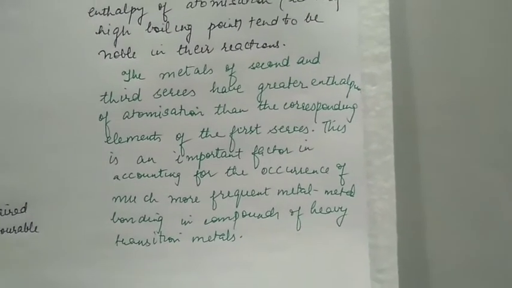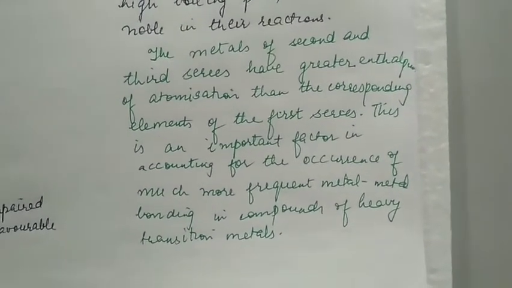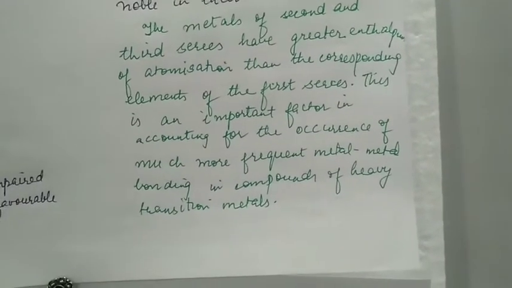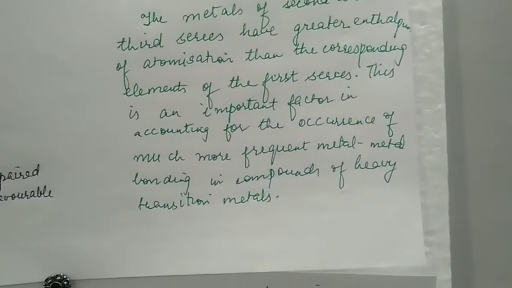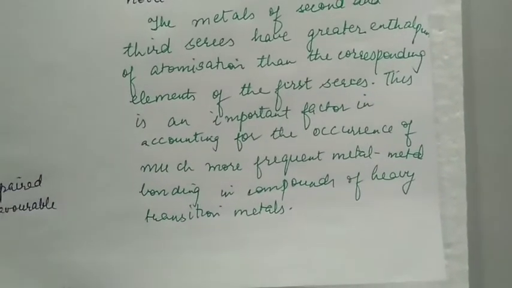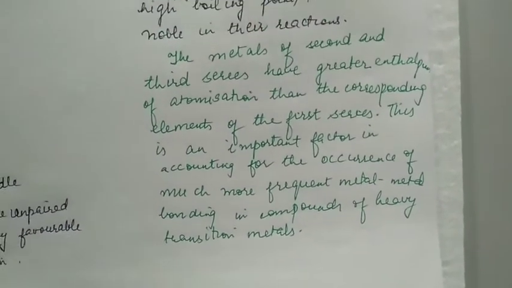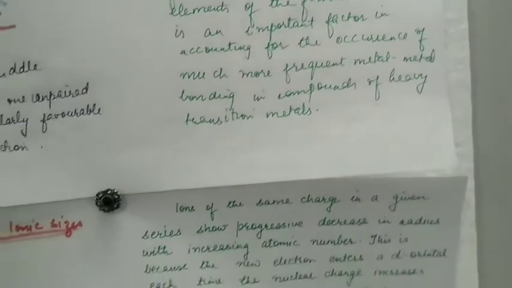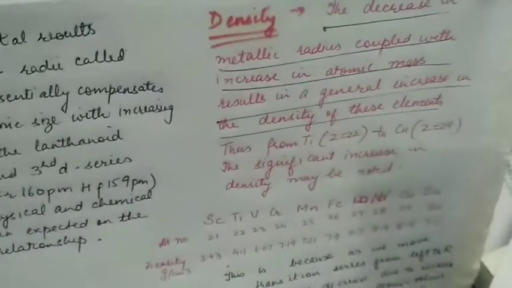The metals of second and third series have greater enthalpy of atomization than the first series. So this also results in the occurrence of much more frequent metal-metal bonding in compounds of heavy transition metals. So you see more metal-metal bonding in heavy transition elements.